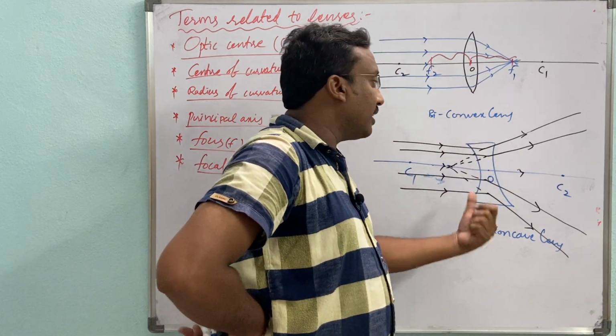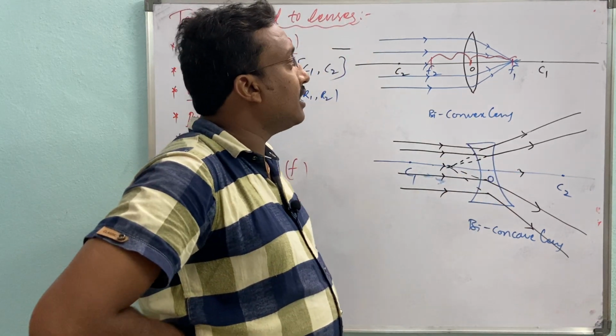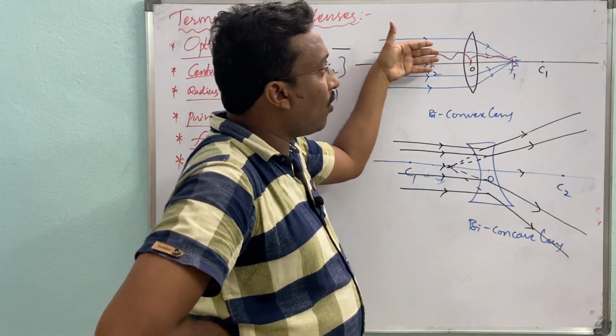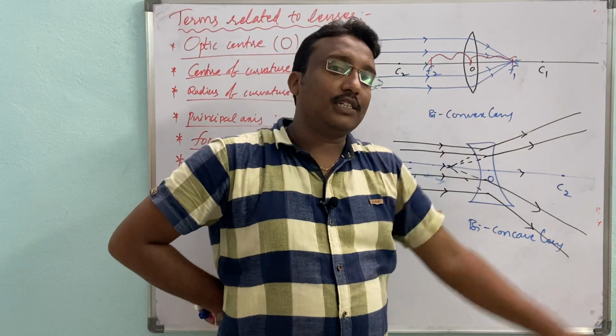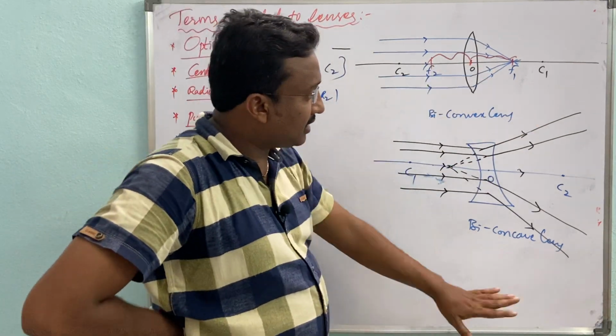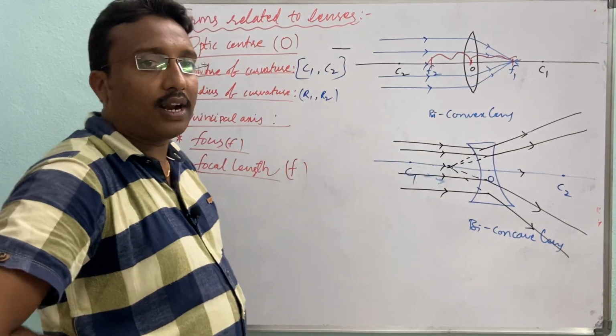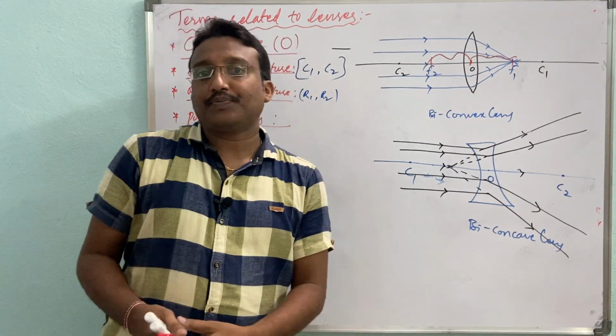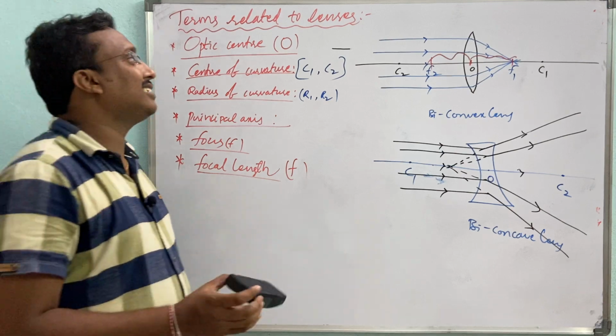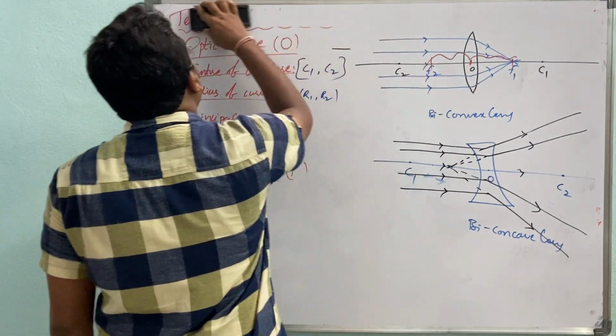That point is called as a focus. In convex lens, if parallel beam of light falls on the convex lens, then they really meet at a point. Here they appear to meet. Right? Got it? These are the terms related to the lenses.